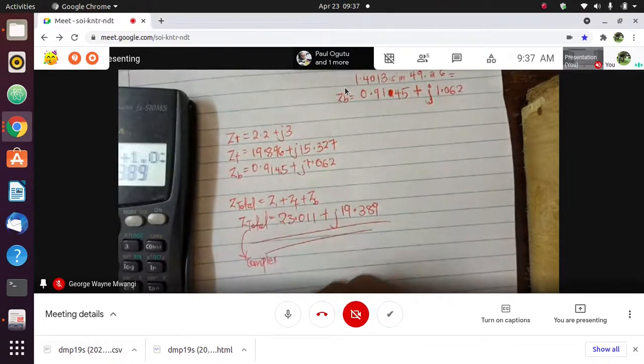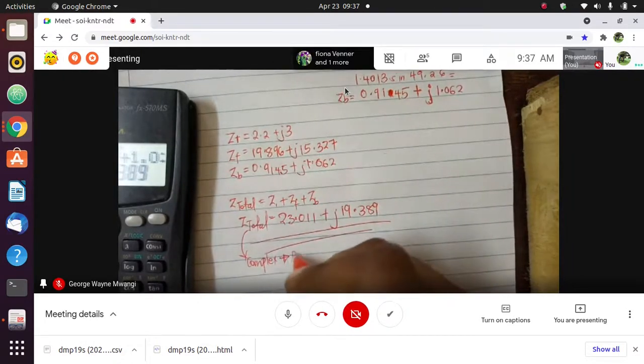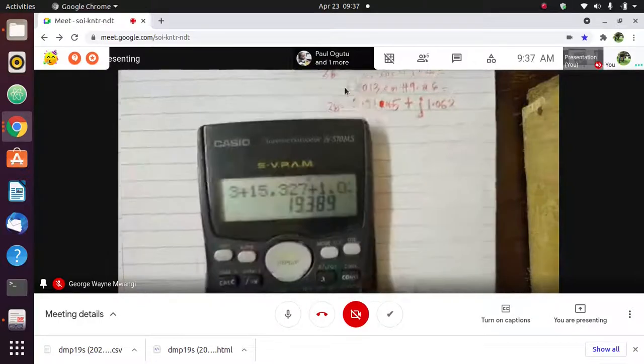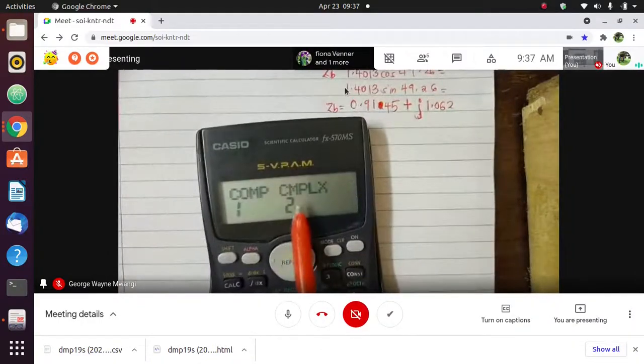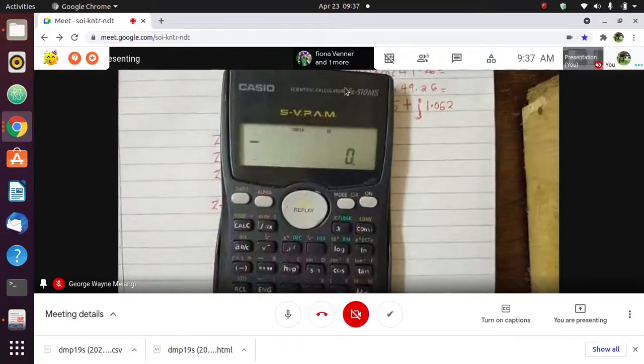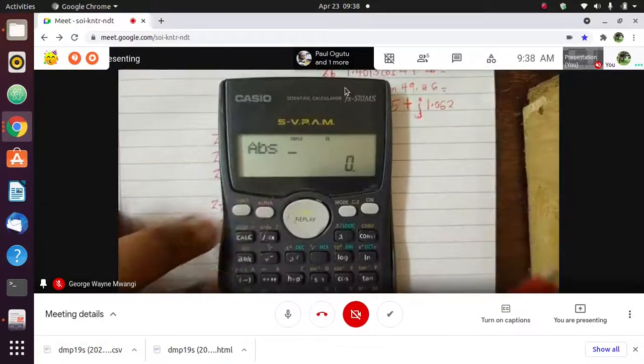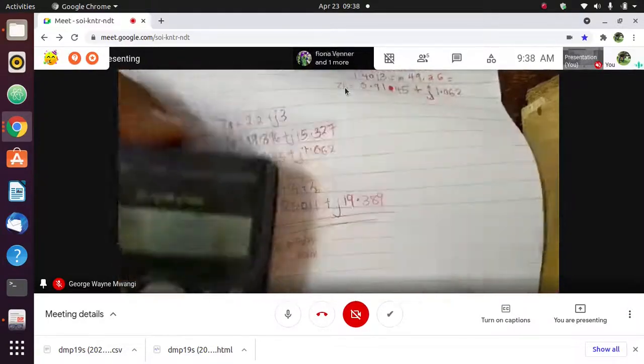It is in complex form, so we change it back to polar form. How do we do that? Back to the calculator. Make sure that your calculator is in complex mode, so you press mode 2. Press shift and then absolute to change it to polar form.